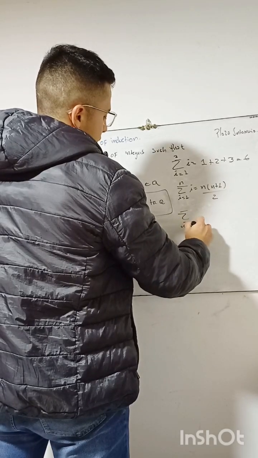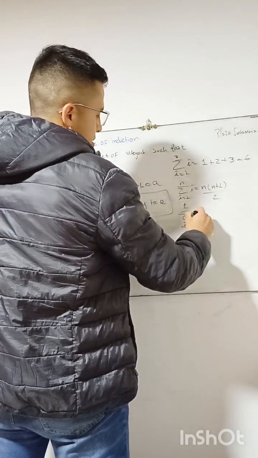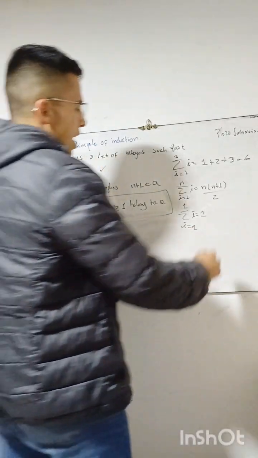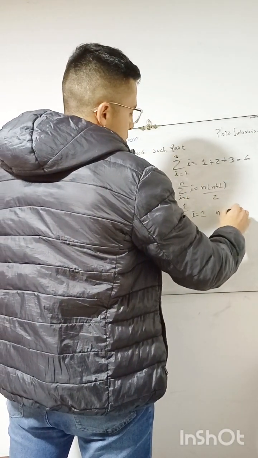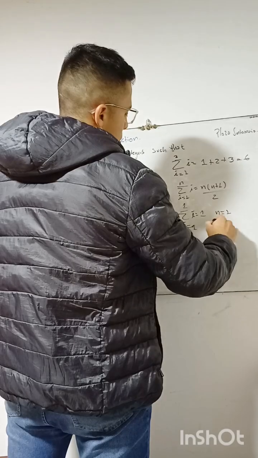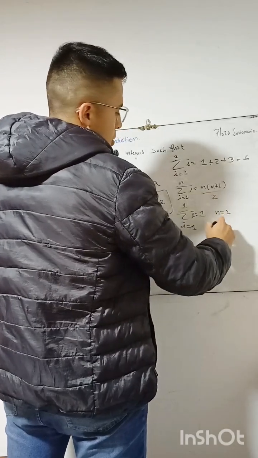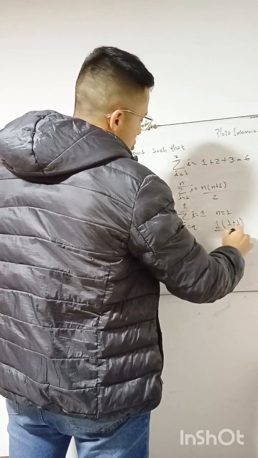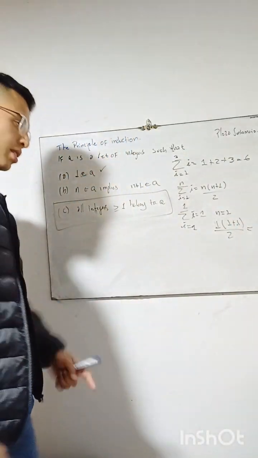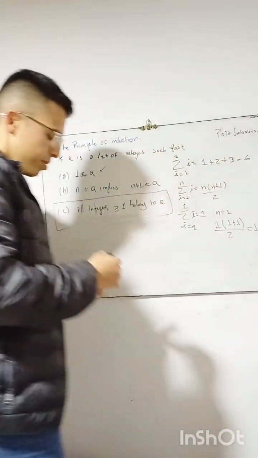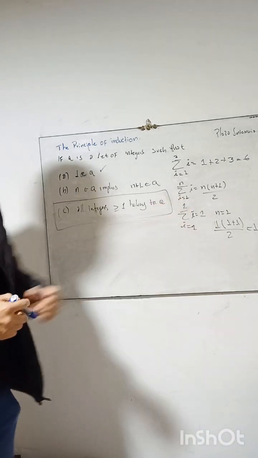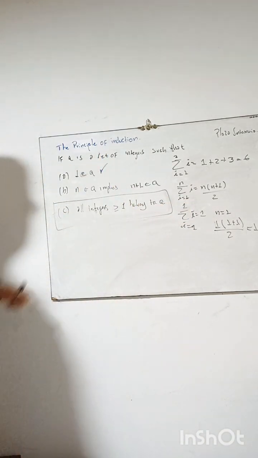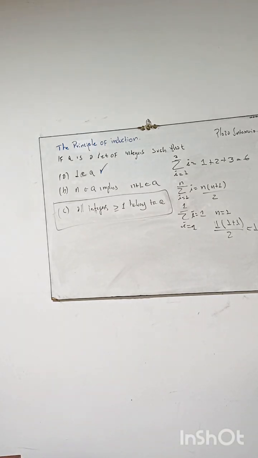When i equals 1 until 1, the sum is equal to 1, and if n equals 1, then in that formula, 1 times 1 plus 1 over 2 equals 1. So yes, this formula is satisfied, of course.